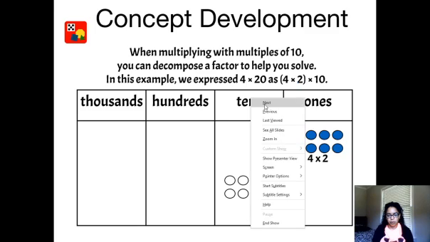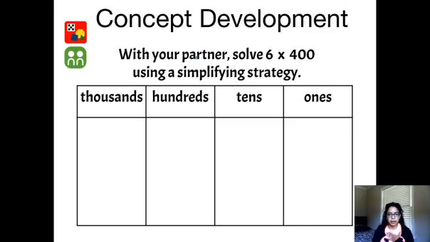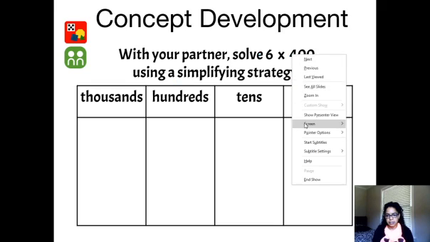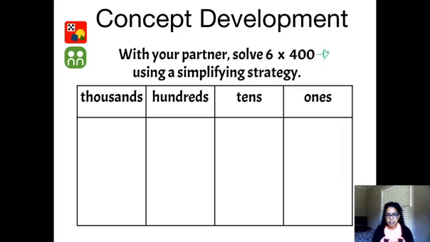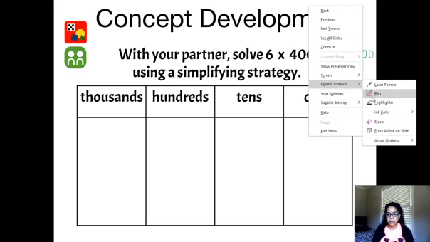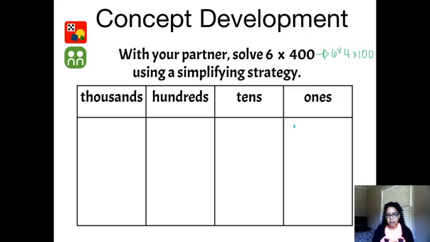So with your partner, I will be your partner again, solve 6 times 400 using the simplifying strategy. So we're going to go ahead and decompose this. Let me get my pen out. Decompose this, and this will be 6 times 4 times 100. Alright, if you want to pause the video and see if you can get it, since you are supposed to do this on your own, go ahead and do that now.